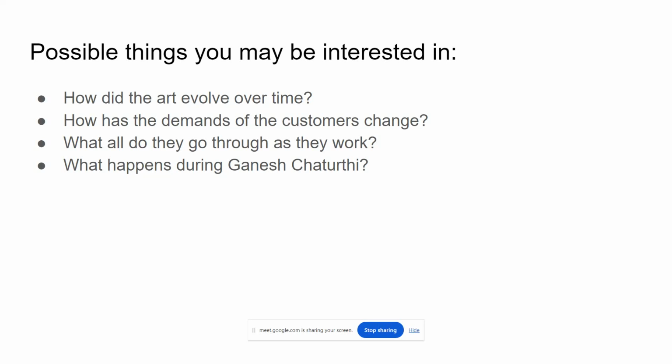Apart from that, there are certain peak days of the year, like during Ganesh Chaturthi, obviously, when they have a huge amount of work to do. So they might see that all the family members are helping them make idols. Otherwise, the male members of the family are going to do certain agricultural activities, and they are making idols. So those things can also be there.